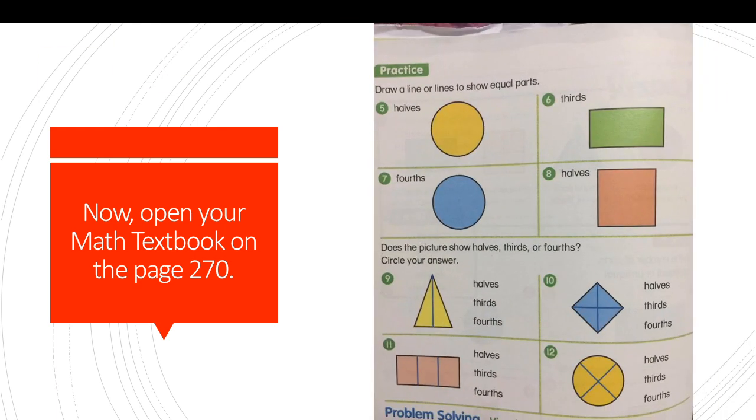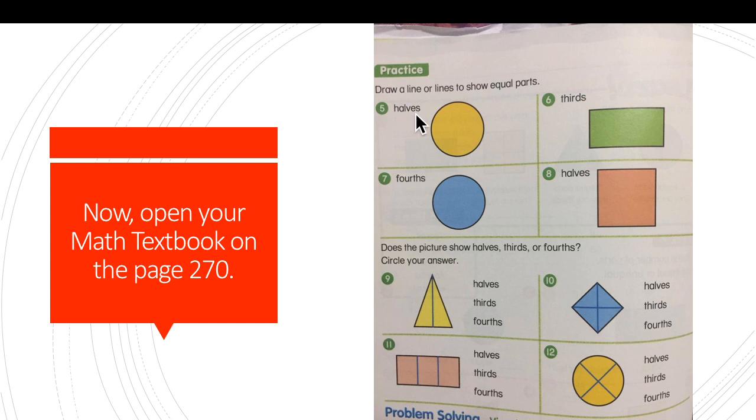So, we can do the page in your book, page 270. What do we need to do here? We need to draw a line, or maybe more than one line, maybe two lines to show equal parts. I want you to divide this circle into halves.